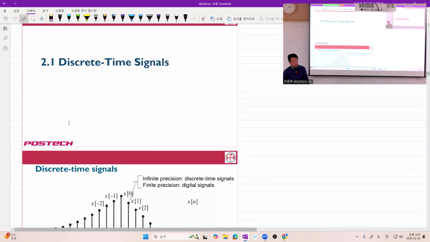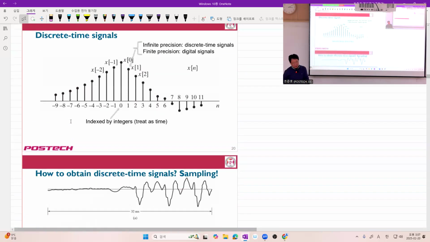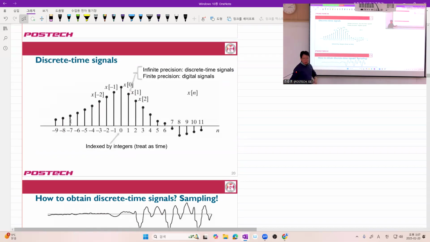Okay, here go some figures from the textbook. So we are now doing section 2.1, discrete time signals. And here goes what? This is not a discrete time signal. This is a visualization of a graph of a function. So let me give you terms of function.